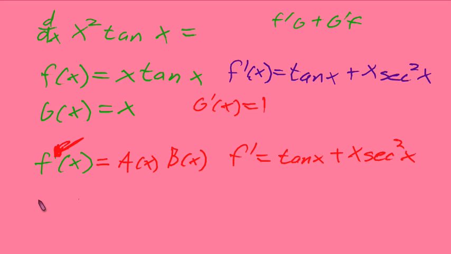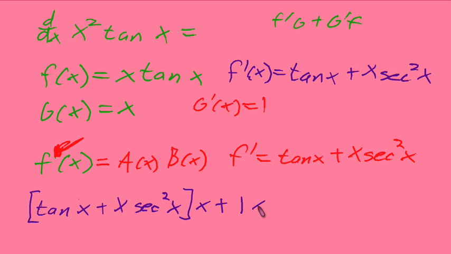So the first term being f prime times g, tan x plus x secant squared x, and our g is x, plus f of x g prime of x, which is 1 times x tangent of x. So we have tangent of x plus x secant squared of x.